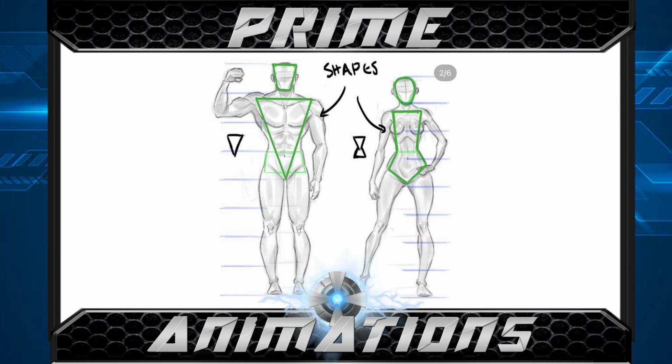They have more of an hourglass shape. When we're looking at superhero physiques, that's tending how you want to go. Also, the female tends to be a little bit shorter, so keep those things in mind when we're designing our character. They're not going to be the same height, more likely.